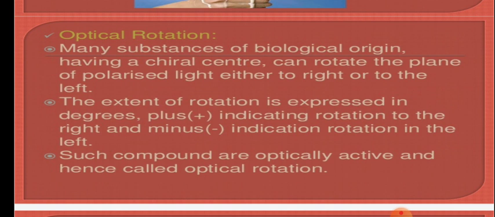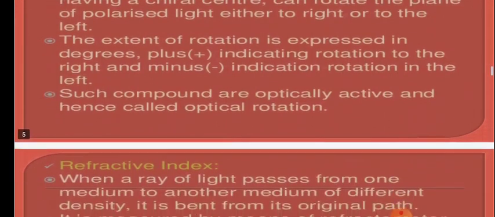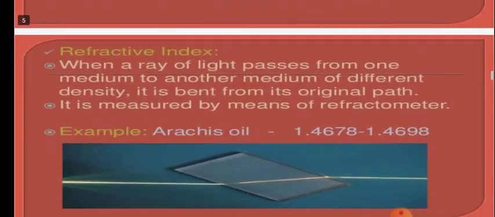If it is plus, it indicates rotation to the right, and if it is minus, the rotation is to the left. Such compounds are optically active. So this parameter is also used for evaluation.